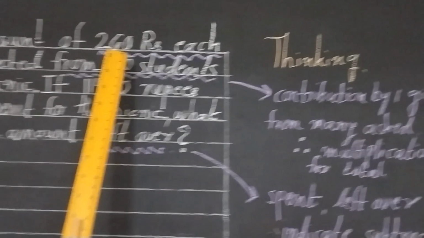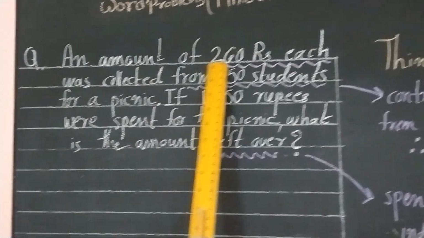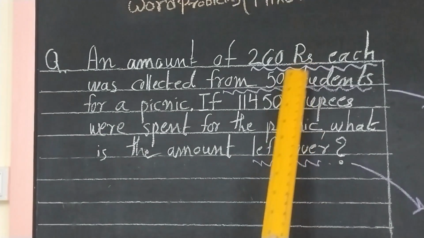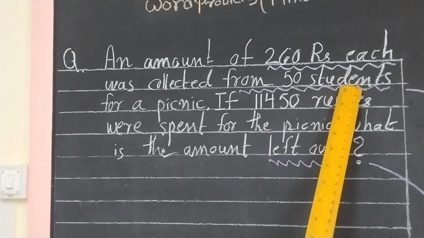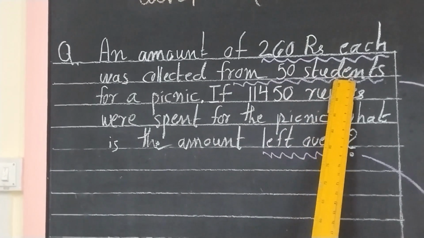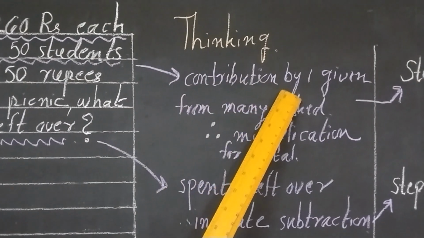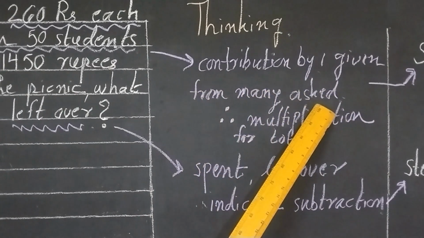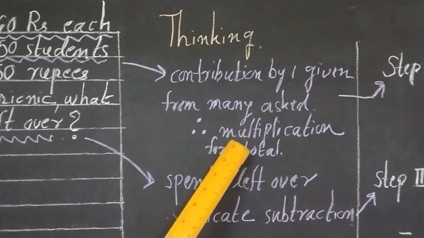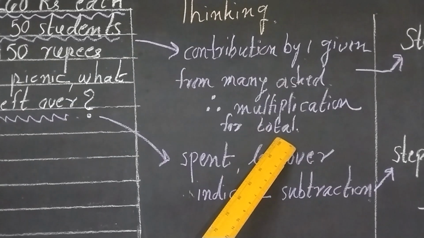First of all, they have given us how much each one is contributing. And they have given us the number of such students also who are going to contribute. So in our mind, we have to say that contribution by one is given and from many is asked. So it is a case of multiplication for finding out total.